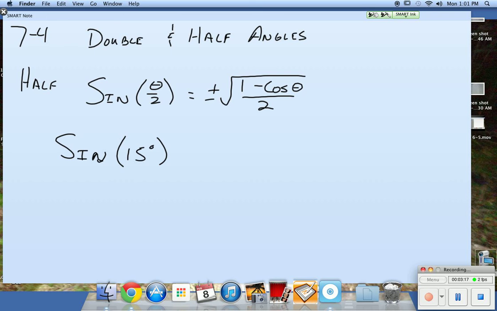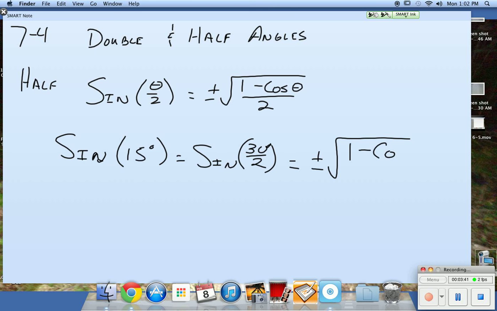We can't find that. But what if we did it as sine of 30 divided by 2 degrees? We do have a good triangle for 30 degrees. We can plop that in. Plus or minus square root of 1 minus cosine of 30 degrees over 2.